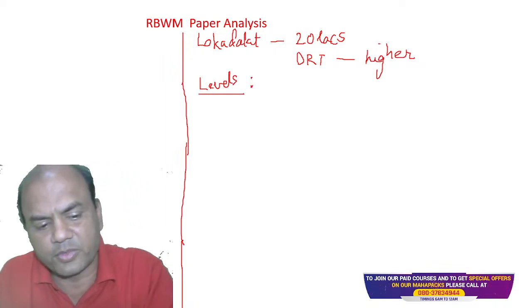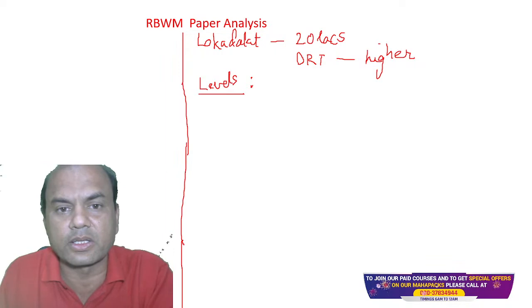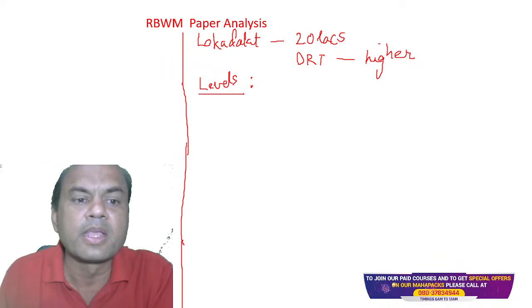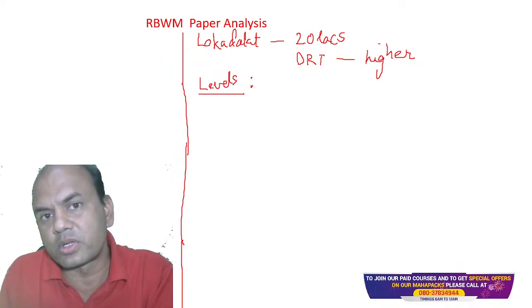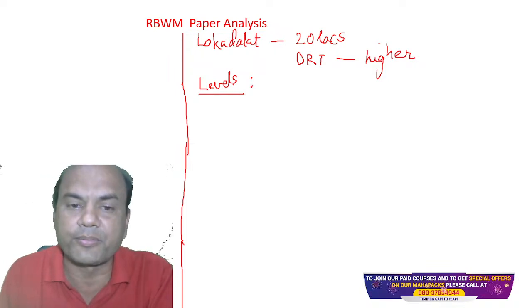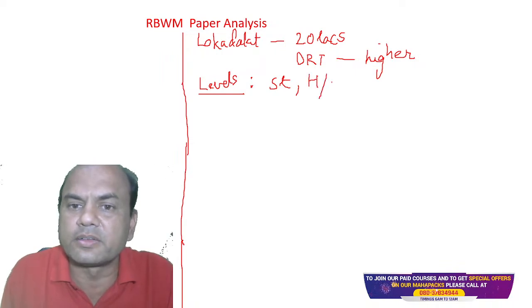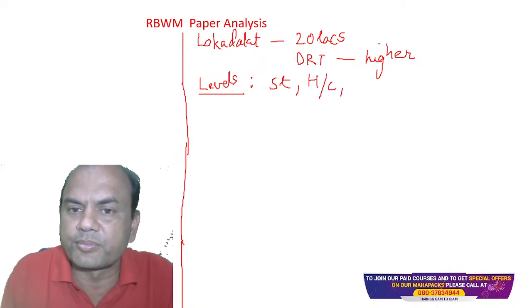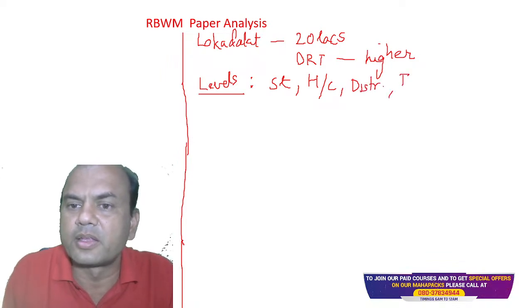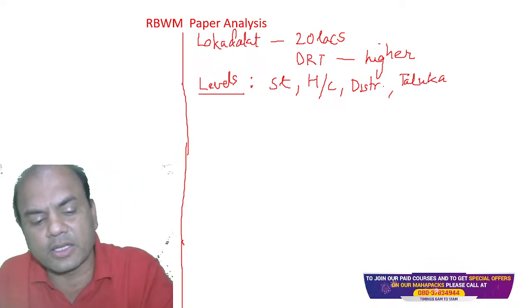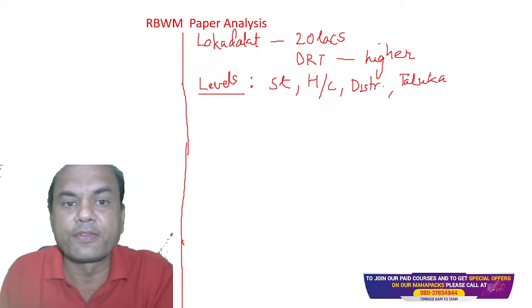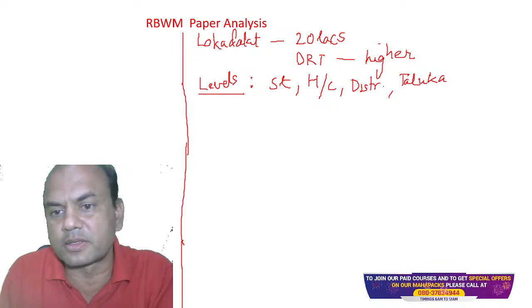Everyone remember this: State, High Court, District and Taluka. These are the 4 levels of Lok Adalat.